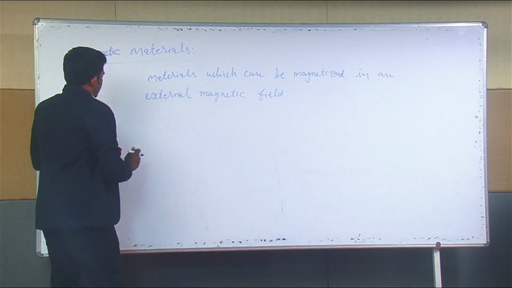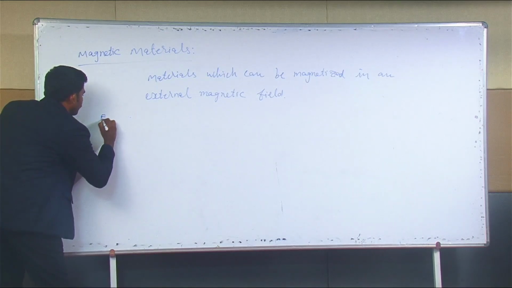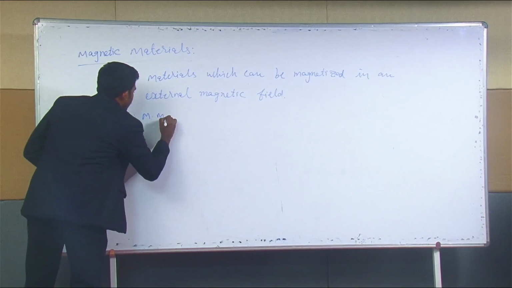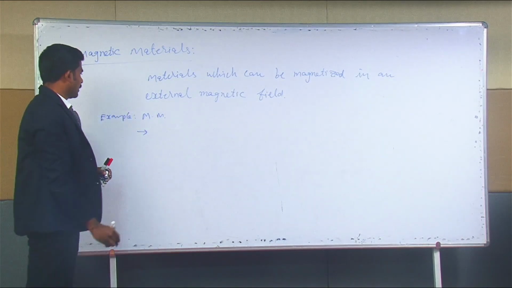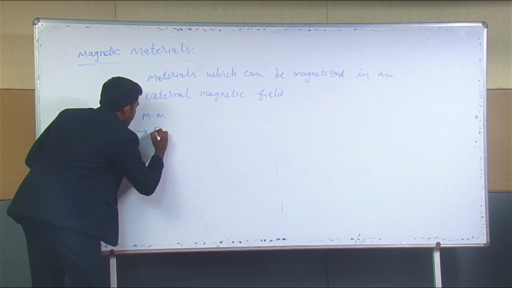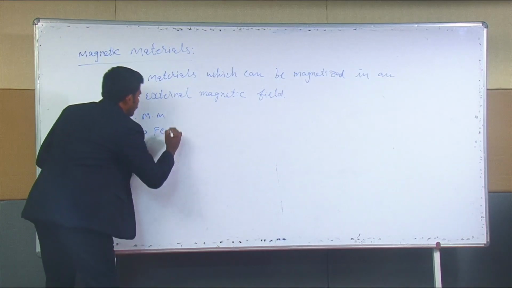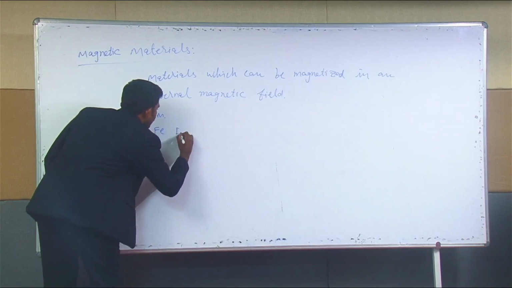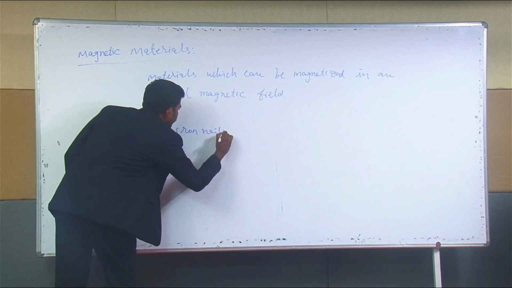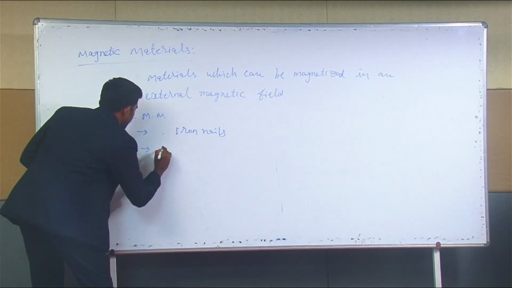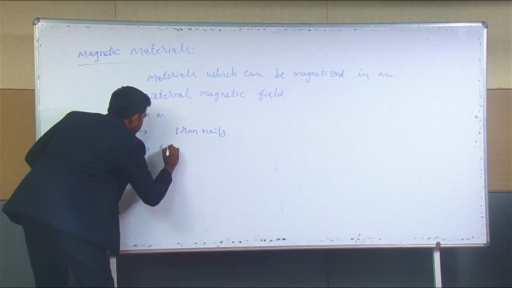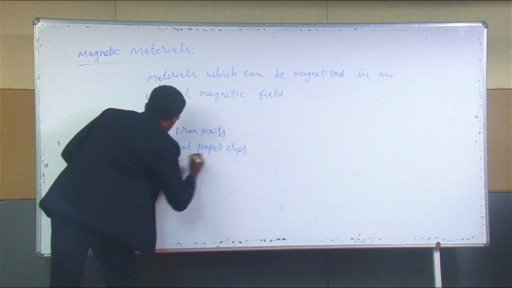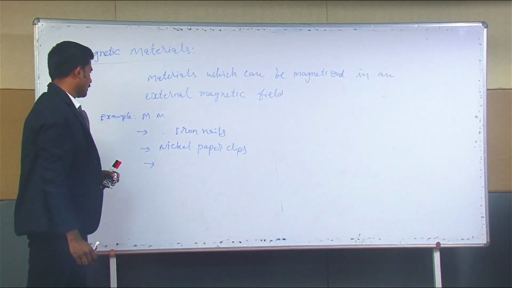Some examples of magnetic materials: iron nails, nickel paper clips, steel coin.